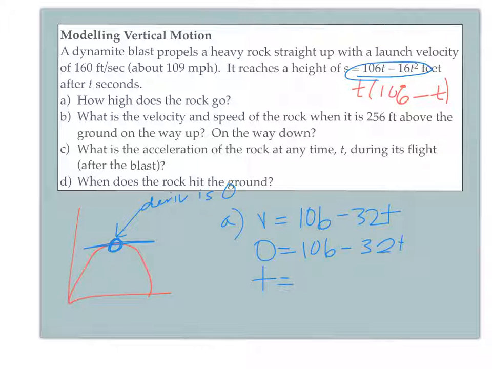I took the derivative of 106t minus 16t squared. Okay, so we just do the division, and we get that t is 3.3.